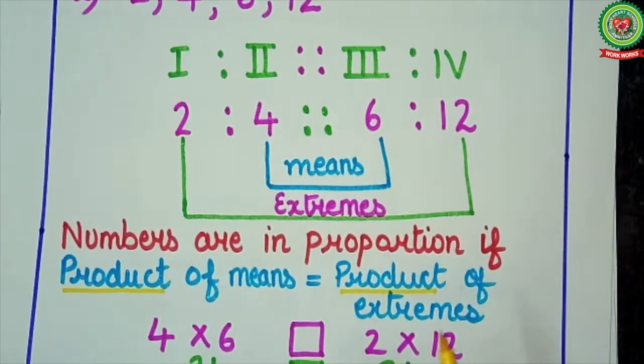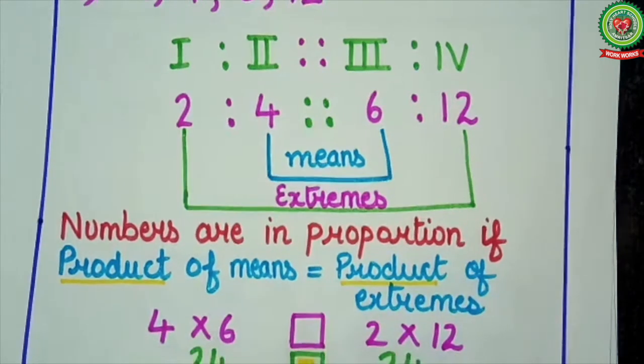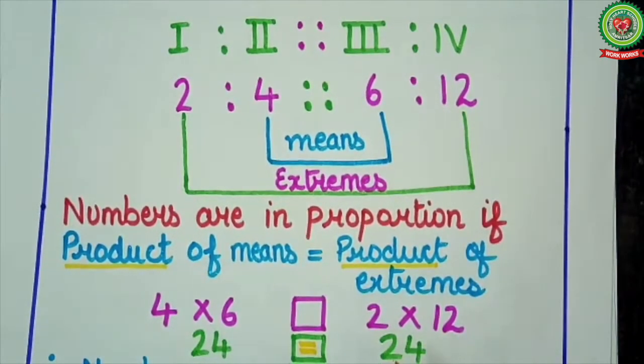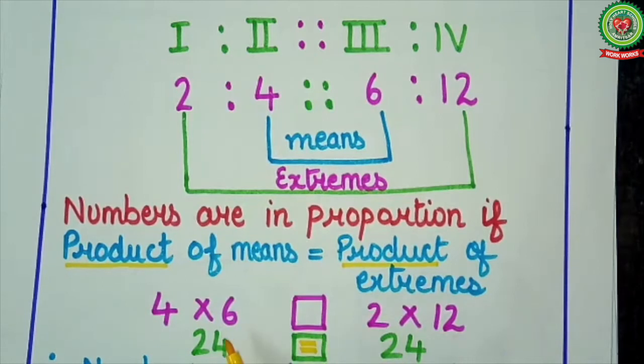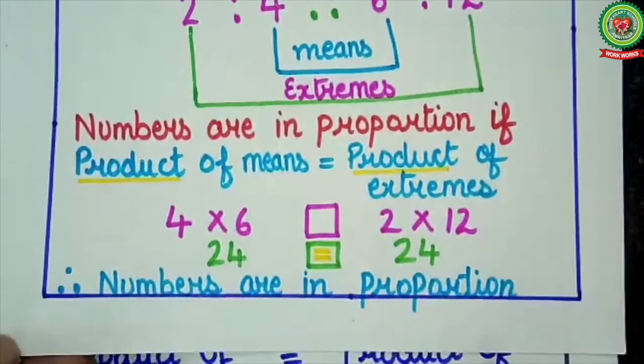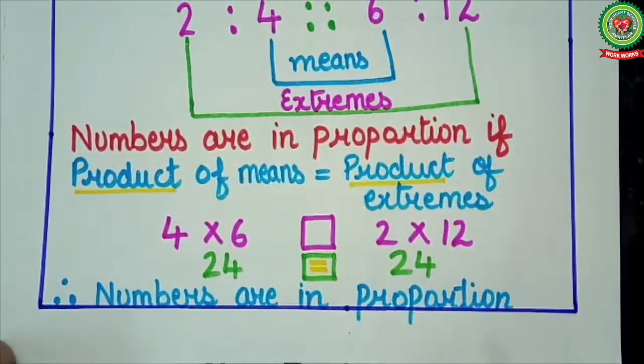Why have I written a box here? Because I am checking whether both sides are equal or not. Now 6 fours are 24. 2 12s are 24. We know that 24 equals 24. Therefore, the numbers are in proportion.